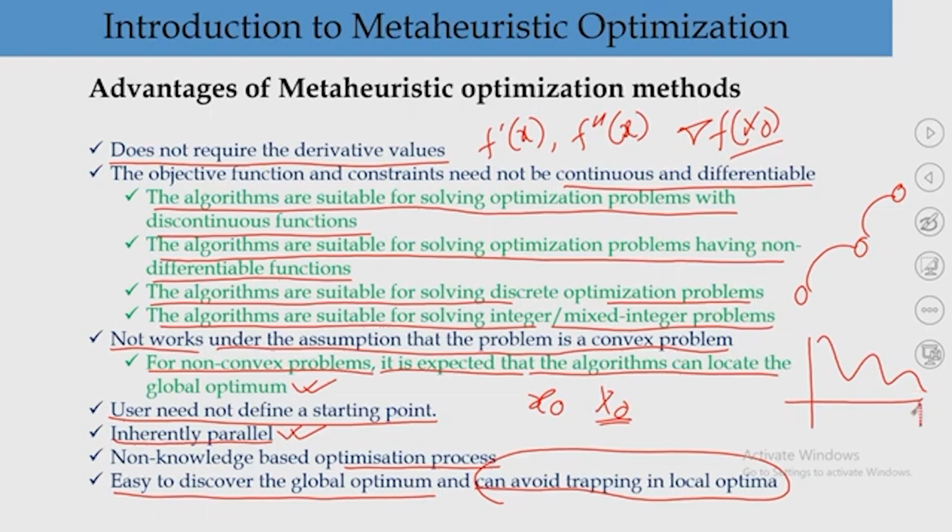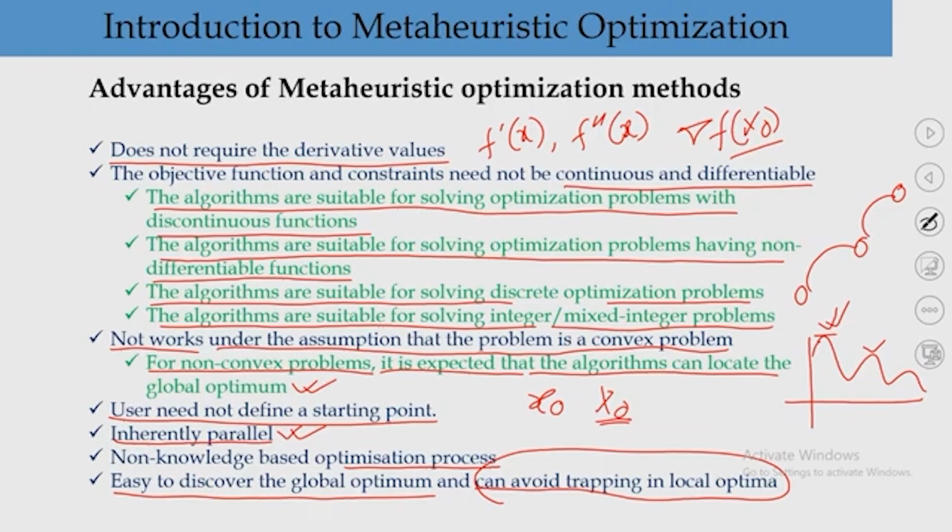I may get this particular one, and similarly if I need to find the global maxima, that also I may get. So, I can easily avoid the other local optimal solutions. These are the advantages of the meta-heuristic optimization methods.